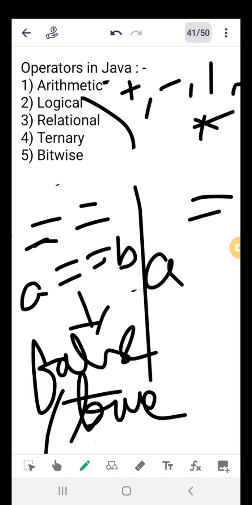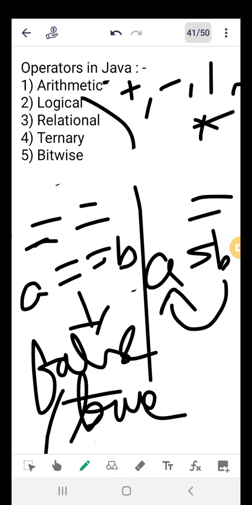But if I write a equals to b, then the value of b will be assigned to a. This is the assignment operator, to assign a value to a variable, like a equals to b, b equals to a, or t equals to a, whatever. But equal checks whether two variables are equal or not.